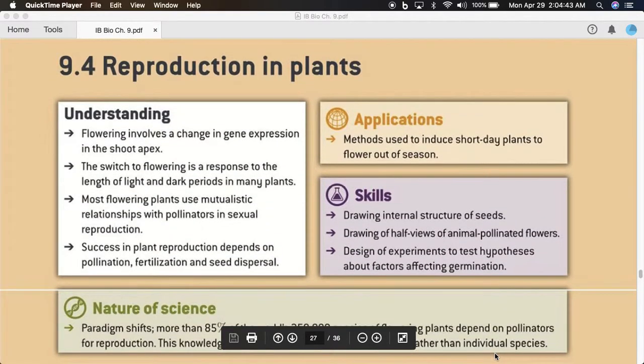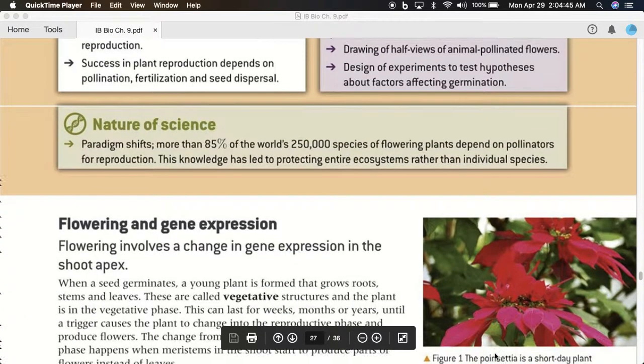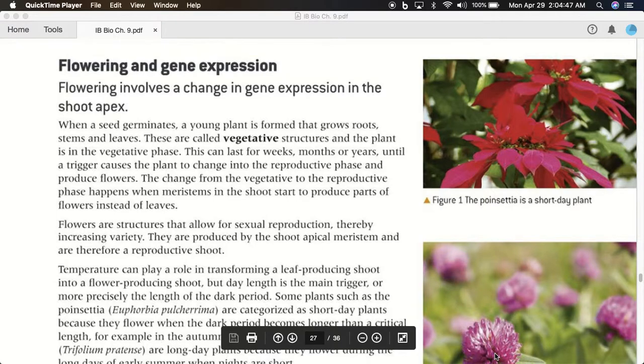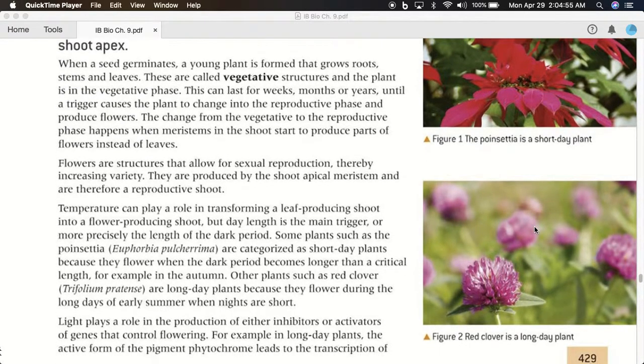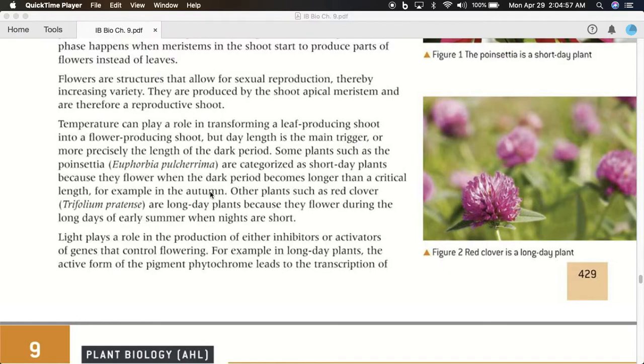And then we're going to talk really quickly about reproduction in plants. You guys know that flowering is kind of the most efficient and most celebrated way of plant reproduction. And what we mostly want to focus on in this chapter that's probably newer to you all is long day plants and short day plants.